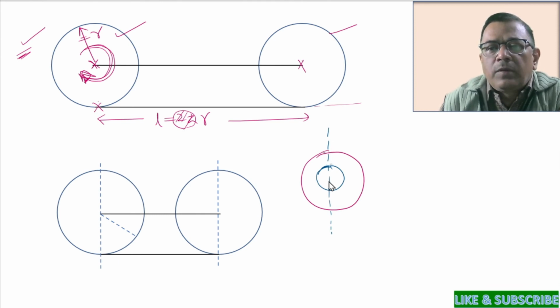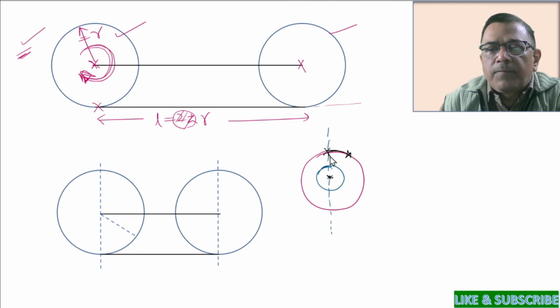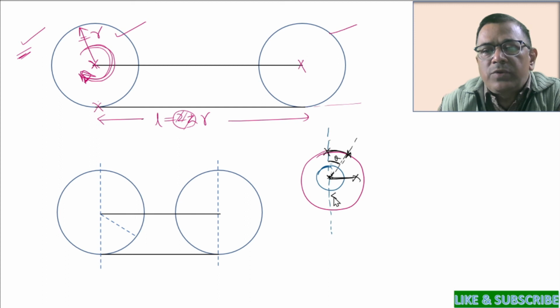Now assume the roller has rotated by an angle theta. The distance covered by the center, as per this logic, should be L is equal to r theta.